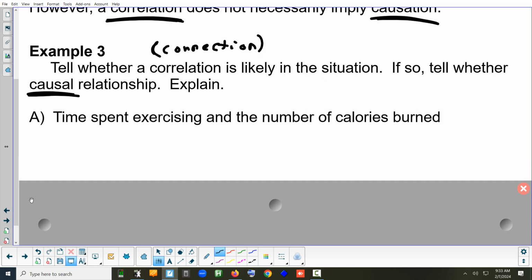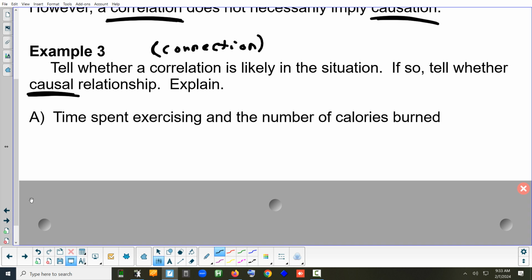All right. Well, we kind of did this one. So the time spent exercising and the number of calories that you burned. Do you think there's a connection between the two? The way you ask yourself is, if I spend more time, will I burn more calories? Yeah, I would say there is a connection.